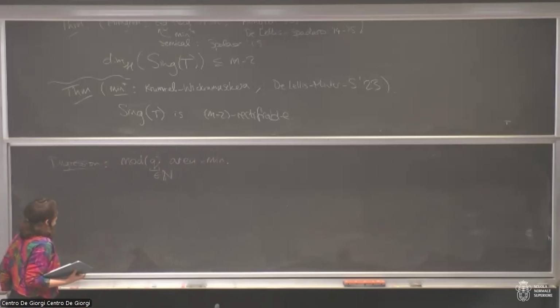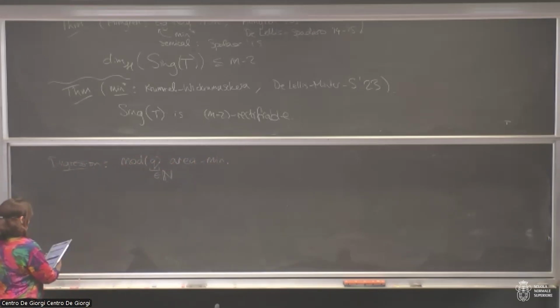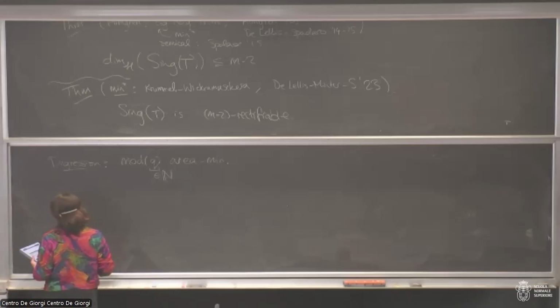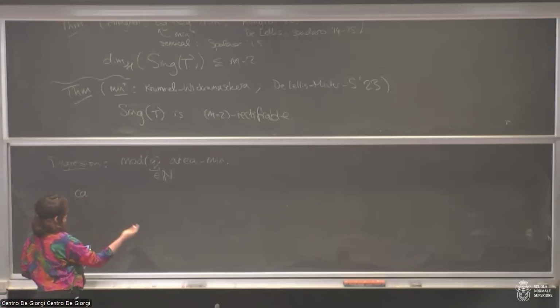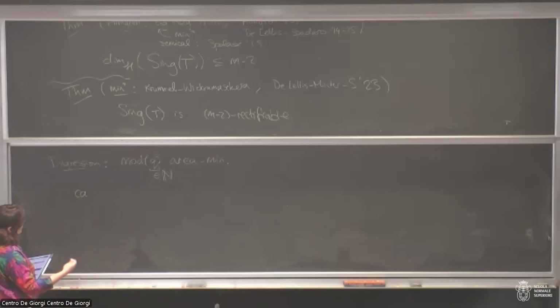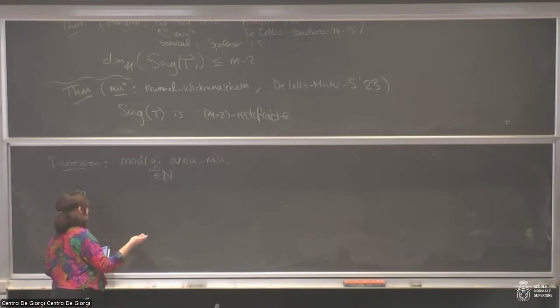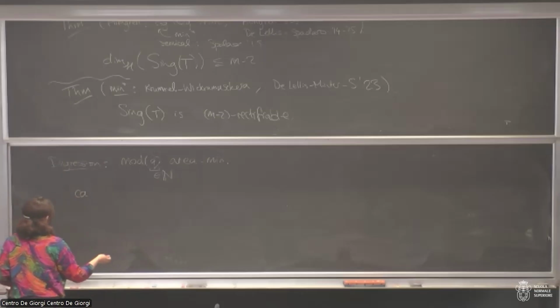The main idea is that now, instead of having integer multiplicities, we're going to take multiplicities modulo this fixed integer Q. More precisely, you consider flat chains mod Q, and then integral currents mod Q. You can use this to give a well-defined notion of mod Q mass and mod Q boundary, and then currents mod Q are those flat chains mod Q that have finite mod Q mass and finite mod Q boundary mass.